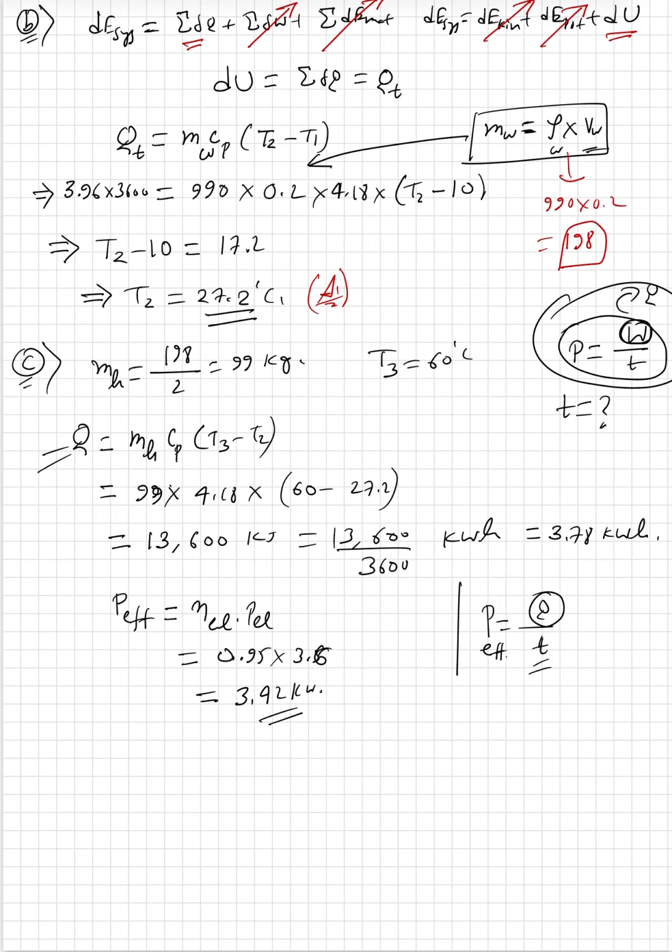So just substitute the values: Q is 3.78 and the effective power we calculated is 3.42. So the time will be Q upon P effective, 3.78 upon 3.42. Write down the units: kilowatt will be cancelled, and when you calculate the time, it would be 1.1 hour.